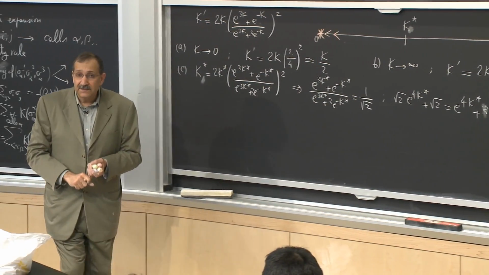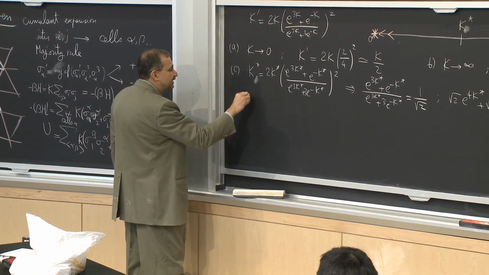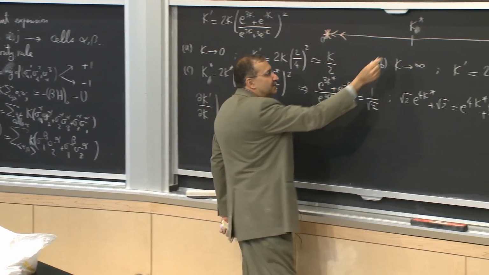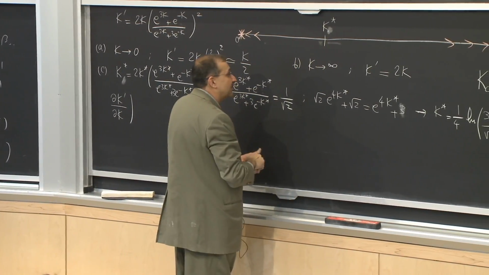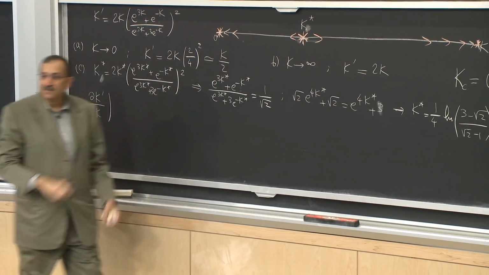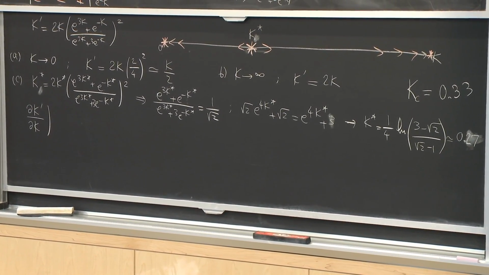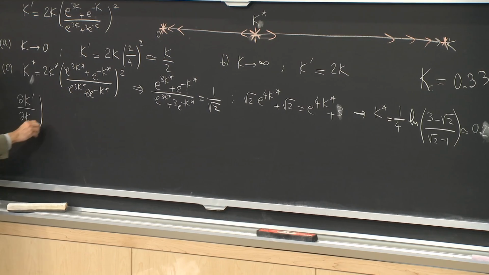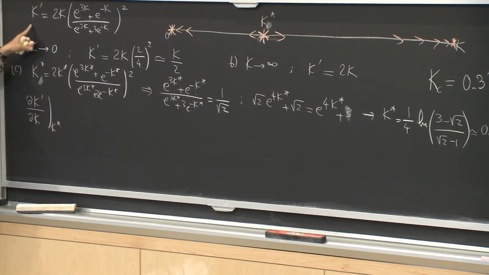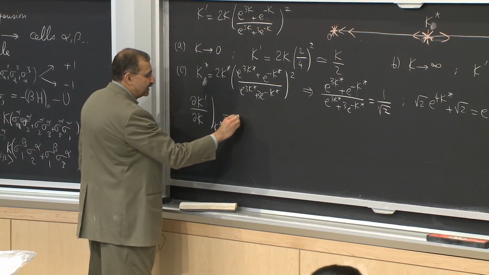We've discussed that it is non-universal. The thing that maybe we should be more interested in is what happens if I'm in the vicinity of this, how rapidly do I move away? And actually, I have to show that we are moving away, but because of topology, it's more or less obvious that it should be that way. So what I need to do is evaluate this at K star. Now you can see that K prime is a function of K, so what you need to do is take the derivative.